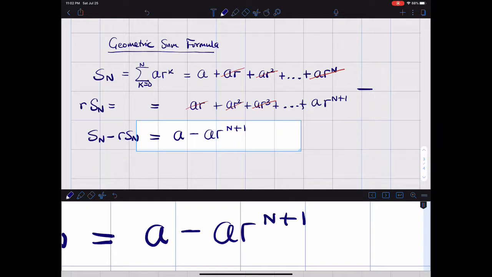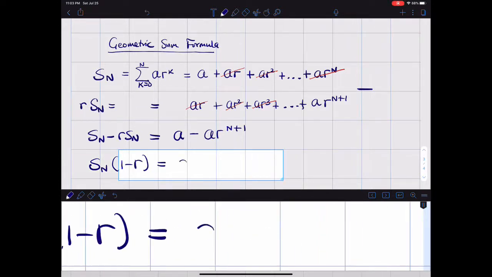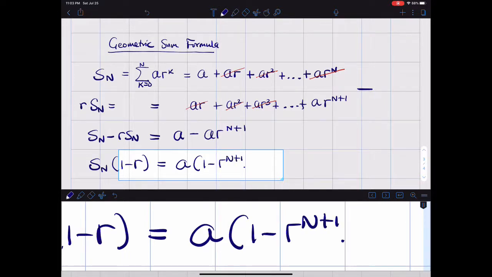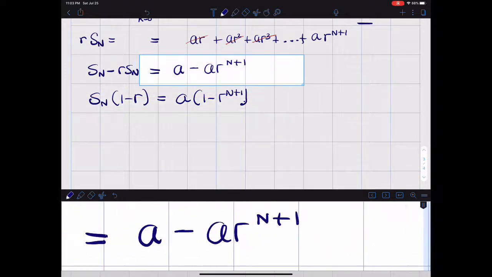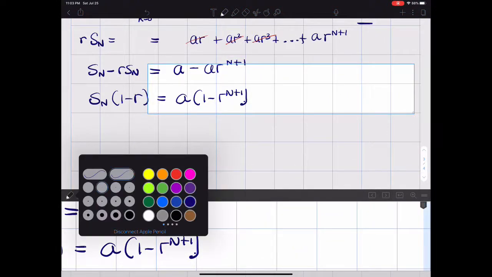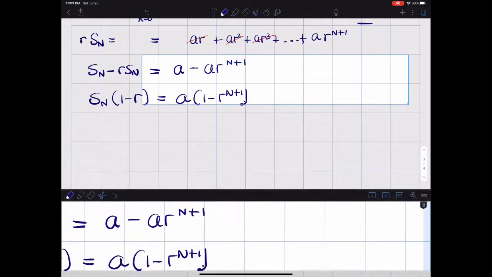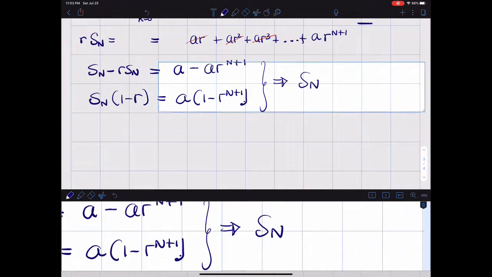All right, so let's see, what do we have? Let's factor out an Sn over here. We're left with 1 minus r. And then definitely we can factor out an a here. We're left with 1 minus r to the power of n plus 1. Now, think about where we're going. This is telling us the formula for the summation of a geometric series.